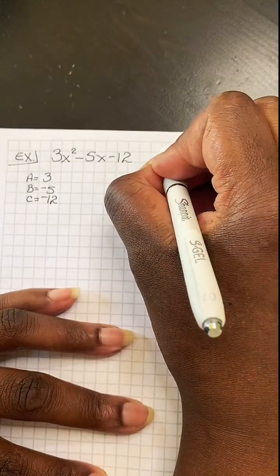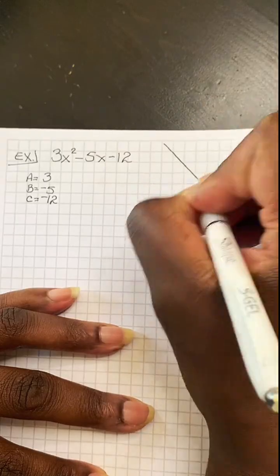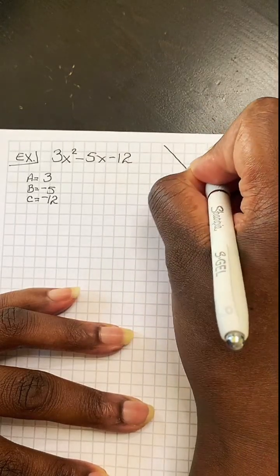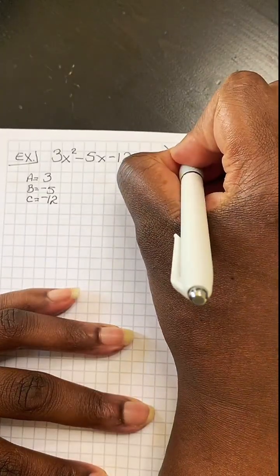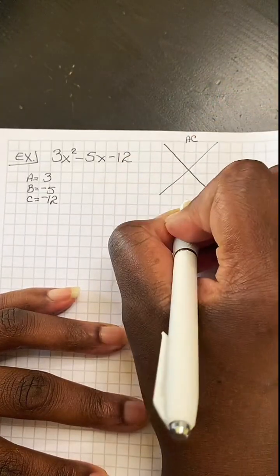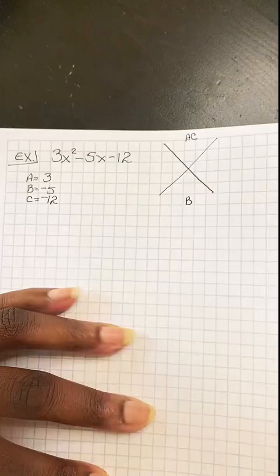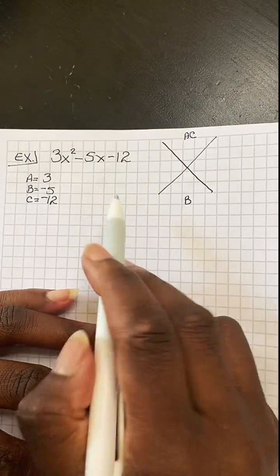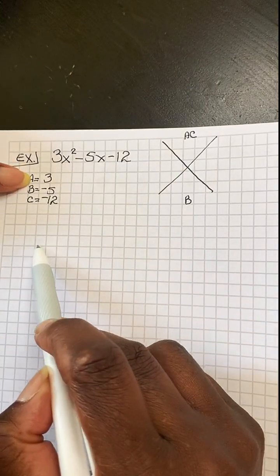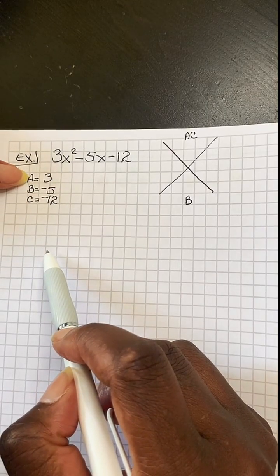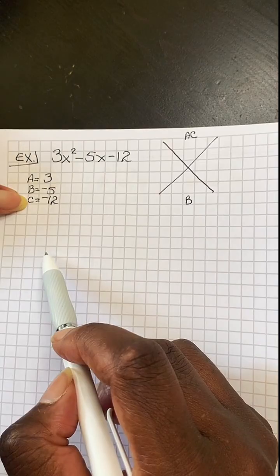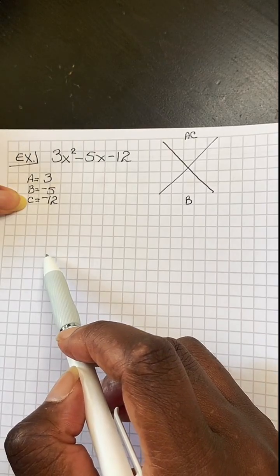Still going to do our X, still going to have our AC, still going to have our B. But this time, my A is 3 and my C is negative 12. So what's 3 times negative 12?